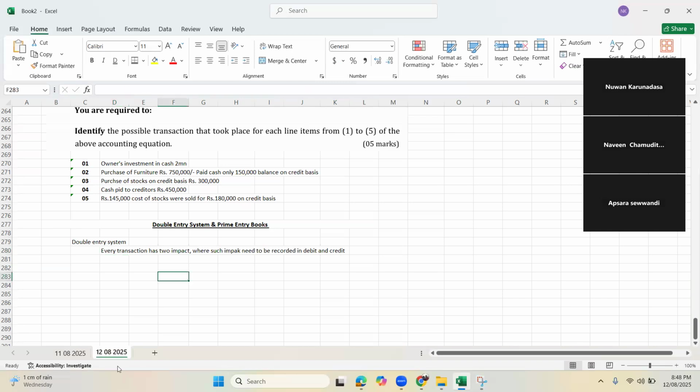So all the transactions and events have a two-way impact. One impact you will write somewhere in a debit, another impact you will write in another place in credit.